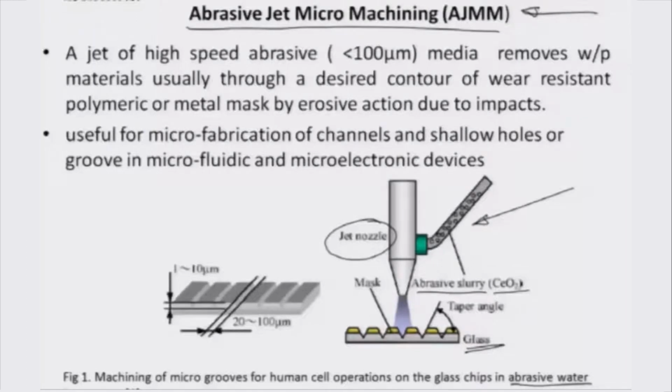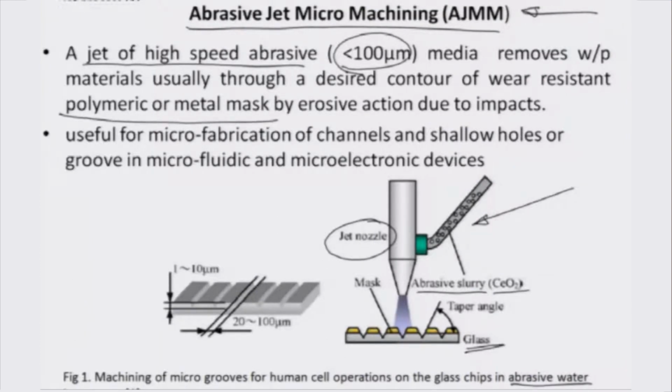So in this particular illustration, you have a jet of high speed abrasives where the jet size is less than 100 micrometer diameter, and it's used for guiding on a surface by virtue of a polymeric or a metal mask.